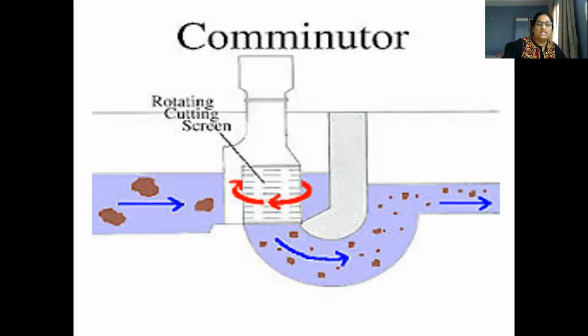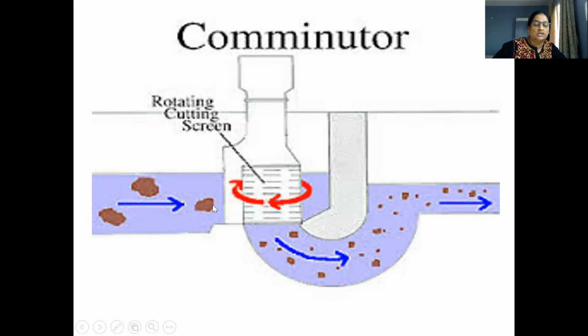So this is the function and this is the diagram of the comminutor. You can see the larger particles, shown in brown color, coming with the wastewater and passing through this rotating screen.